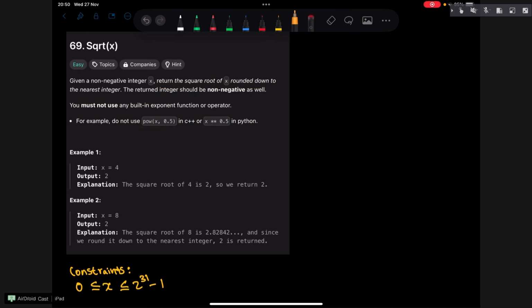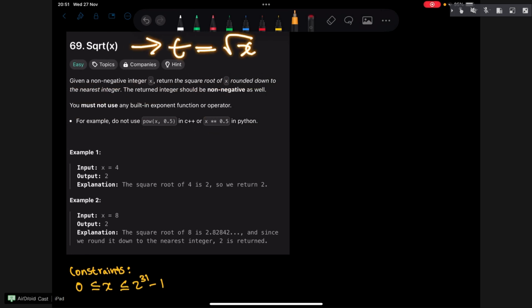So we are given a non-negative integer x, and we want to find the square root of x. I can say t is equal to root of x for now, so this translates to t equals root of x.